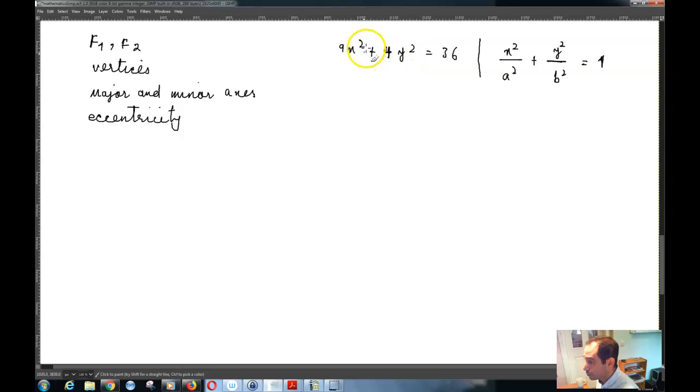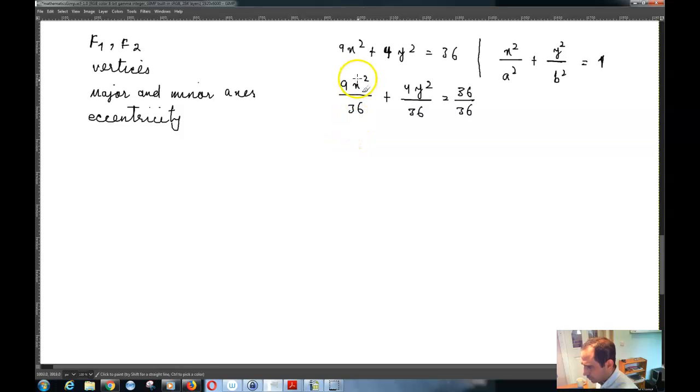So if you divide by 36 over here, you get 9x squared by 36 plus 4y squared by 36 is equal to 36 divided by 36.